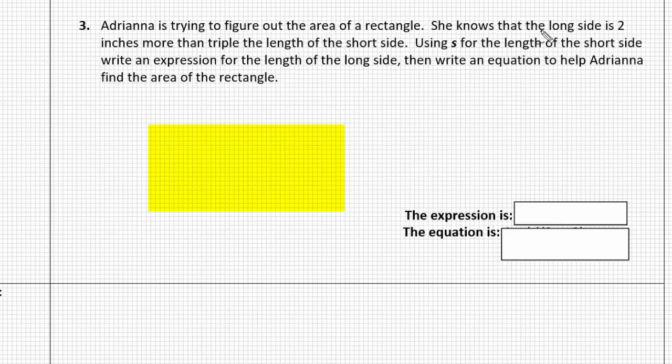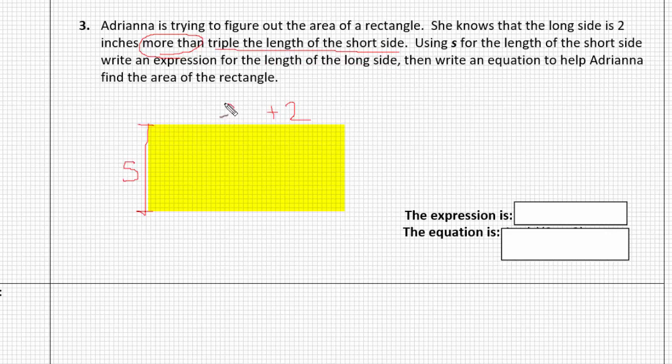Well, I would start out by knowing that we're using S for the short side, and on my rectangle, this is my shortest side. Then she knows that the long side is 2 inches more than triple the length of the short side. So we have that more than, that turnaround word here. So 2 inches more, so I'm going to put plus 2 at the end. And triple the length of the short side.